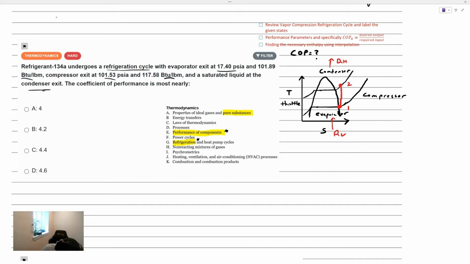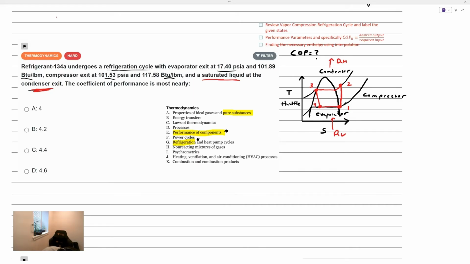So we reject that heat and cool down, lowering our temperature, traveling along this constant pressure line to state point 3, where we are a saturated liquid. That's because we are a saturated liquid at the condenser exit. This is the condenser. And then we go through an isenthalpic, constant enthalpy process, where we end off at state point 4 here.